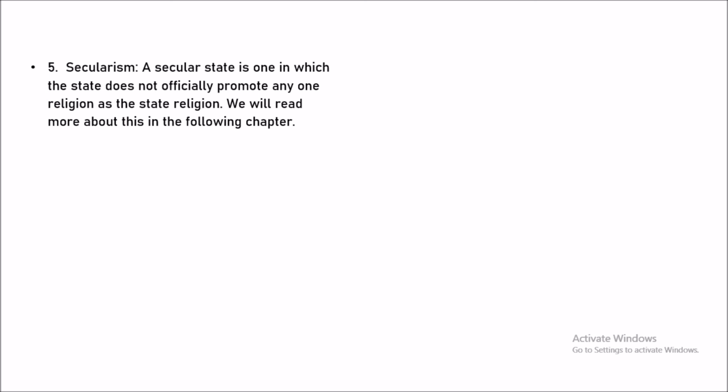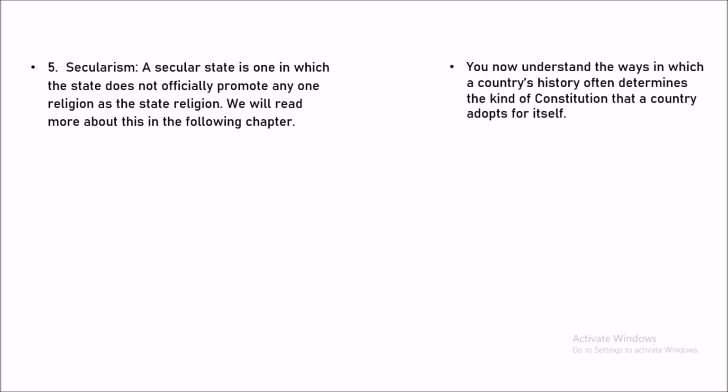You know that there are ways in which a country's history often determines the kind of constitution that a country adopts for itself. As you can see the situation there, India and Pakistan are divided only on the basis of religion.